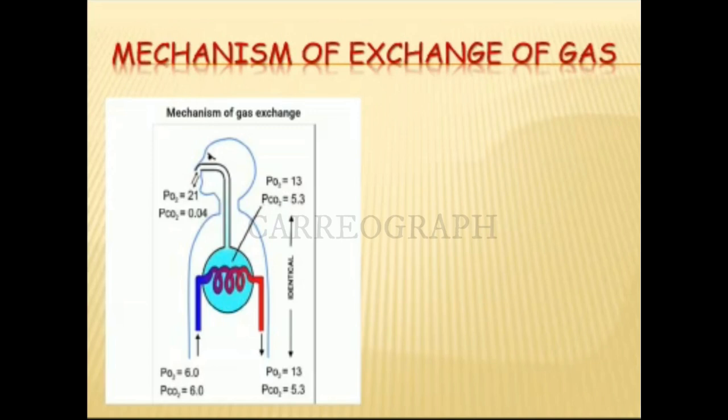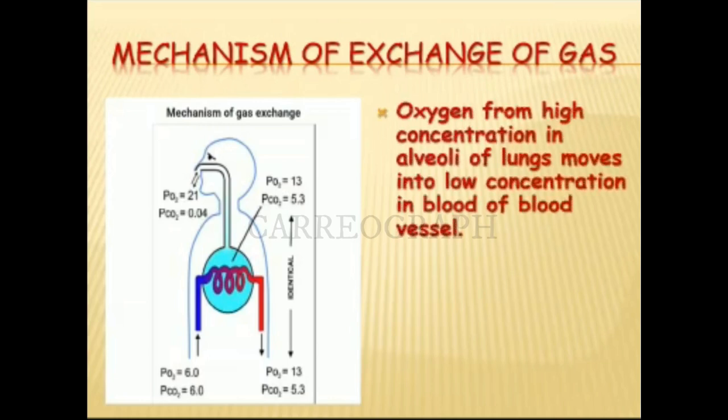When this air goes inside the lungs, in the lungs we already have oxygen and carbon dioxide, and the concentration of oxygen and carbon dioxide is 13% and 5.3% respectively. So, friends, when this oxygen comes inside the lungs, the concentration of oxygen is higher in the lungs compared to the blood. So the oxygen from higher concentration in the alveoli of the lungs moves into the lower concentration in the blood of blood vessels.